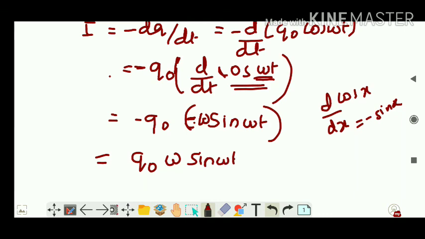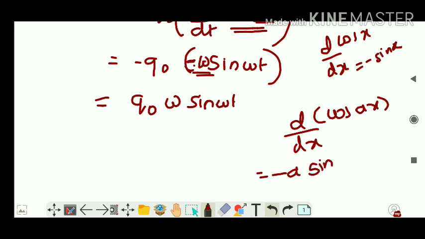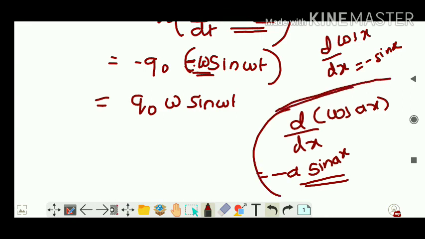If you didn't understand why this omega came up, there is an equation like that. See, d by dx of cos ax is equal to minus a sine ax. You can either learn it in this form, or you are actually differentiating with the x term, right?